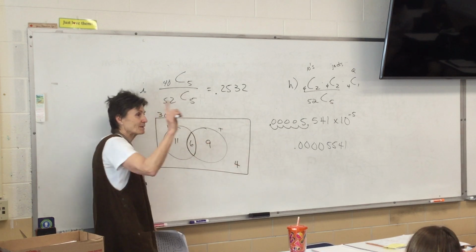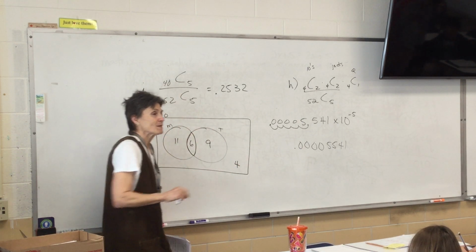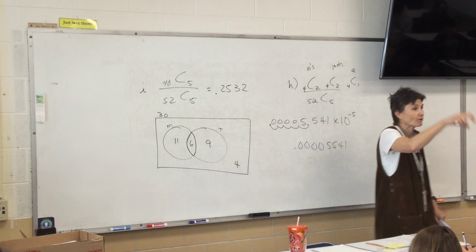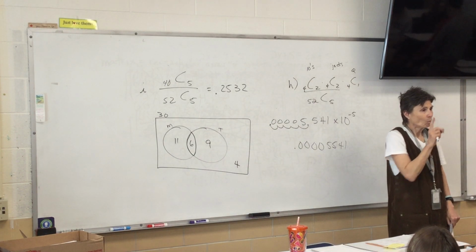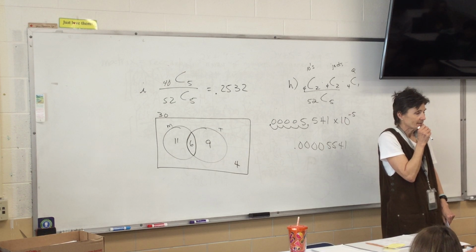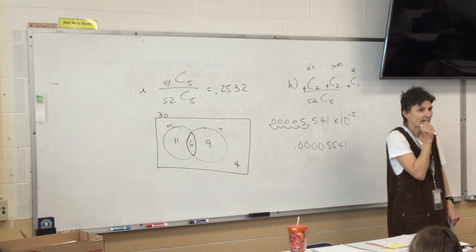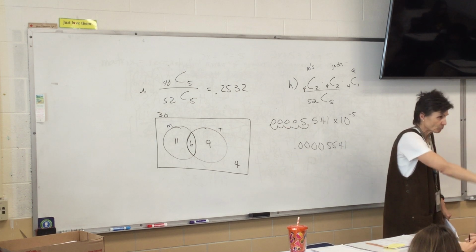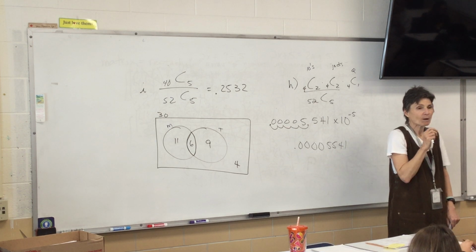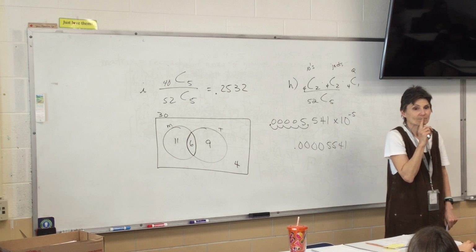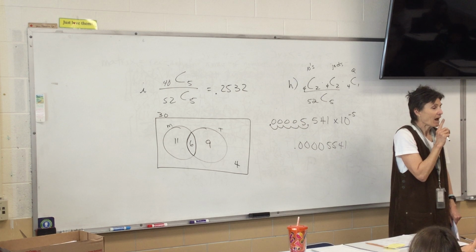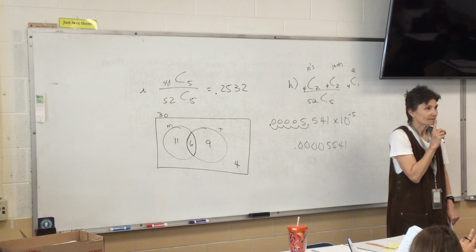There you go. Last question for you. I reach into the pool of students. I reach into the box and I grab one. What is the probability that he will like both candies? How many kids like both? 6.